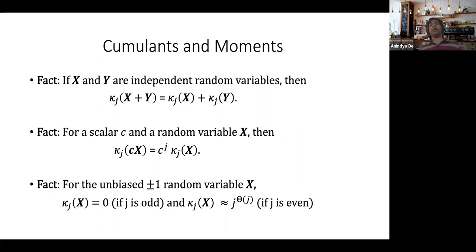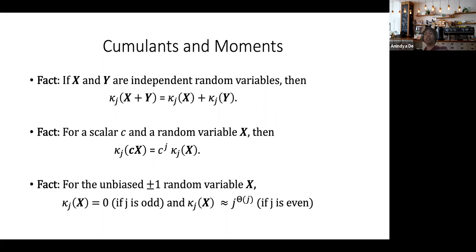I want to give you an example. If you consider the plus minus one unbiased random variable, so plus one with probability half, minus one with probability half, its moments are very clear. Every odd moment is 0, every even moment is 1. But if you try to compute the cumulants, every odd cumulant will still be 0. For every symmetric random variable, the odd cumulants are all 0.